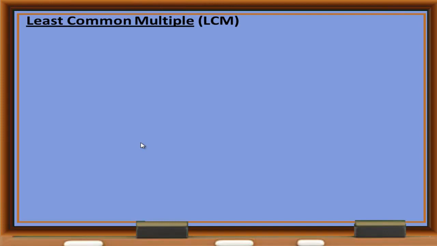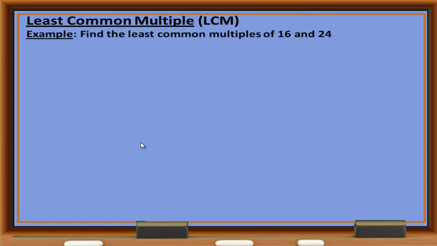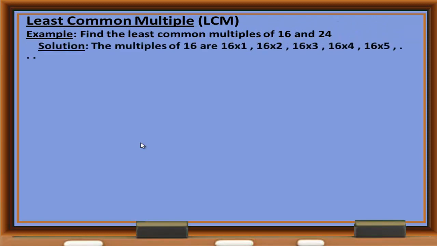Next is the least common multiple, LCM. Example: find the least common multiple of 16 and 24. Solution. The multiples of 16 are 16 times 1, 16 times 2, 16 times 3, 16 times 4, 16 times 5, and so on.